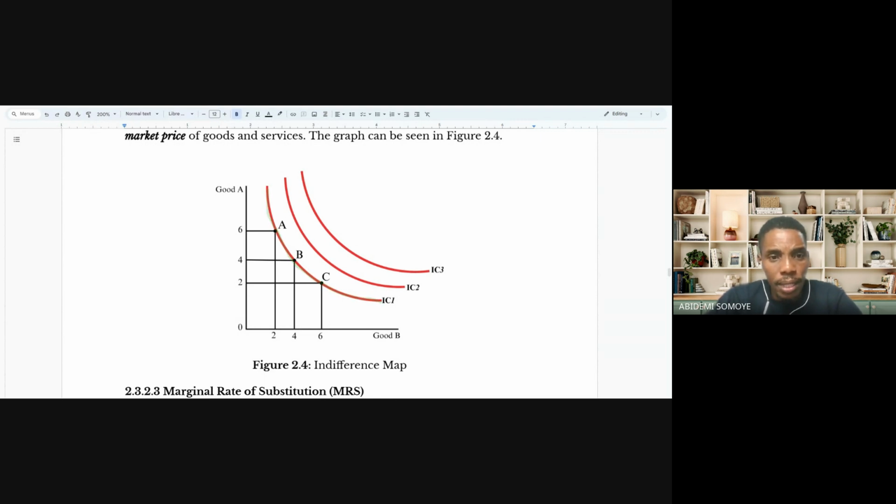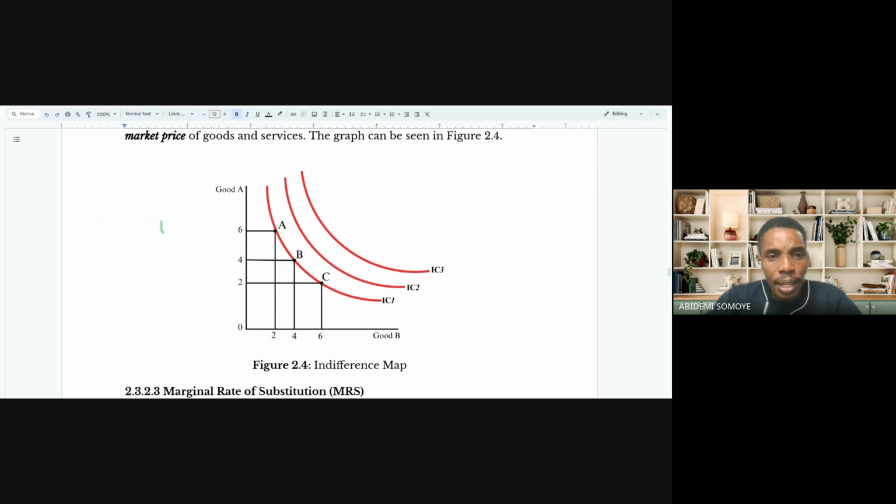What that means is, for example, if I'm going to look at the marginal rate of substitution here, that's 6 minus 4, and you also have 2 minus 4.